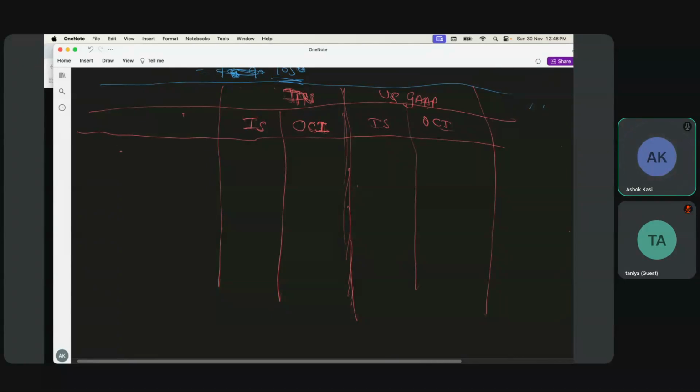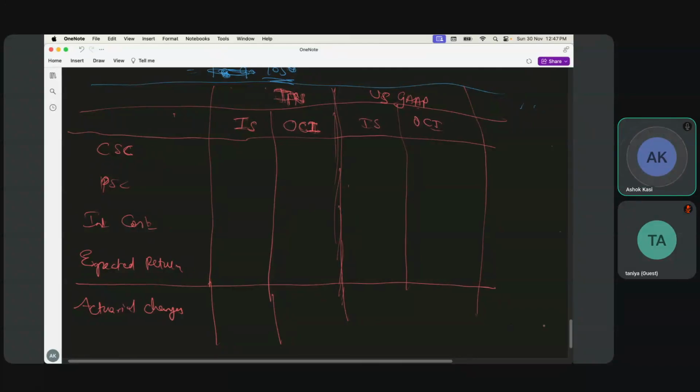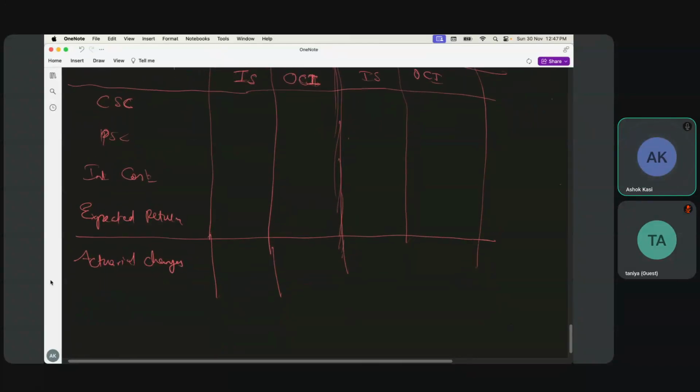So here the format is, I'll write the format first. CSC, PSC, interest cost, expected return. This we will consider till here for the income statement. Next is actuarial losses or actuarial changes. Write changes, and then the difference between.